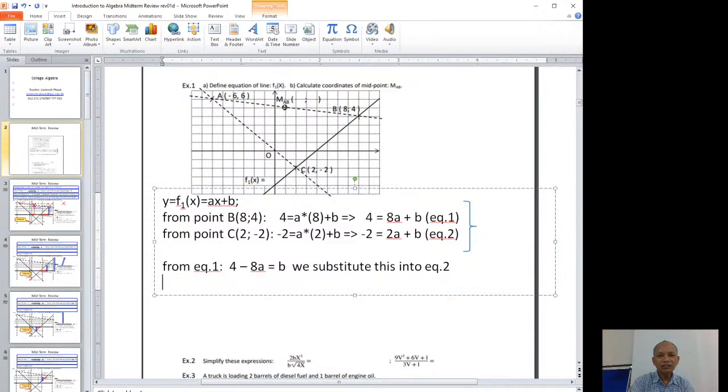What do we get? We put this whole block, b equals, into equation 2, and so we rewrite equation 2.